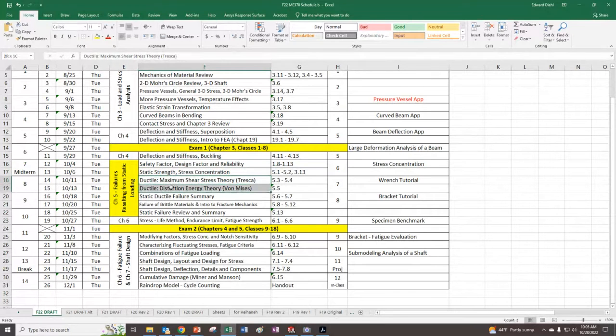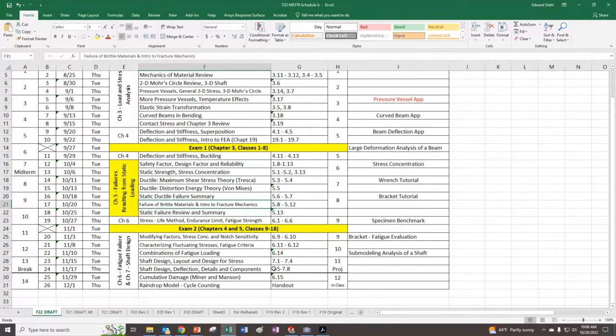Maximum shear stress theory, absolutely. Von Mises distortion energy theory. And then maybe a brittle problem. Some of these might be combined, like I might have the brittle problem with something that's a stress concentration. But that's basically what we're going to do for exam 2.